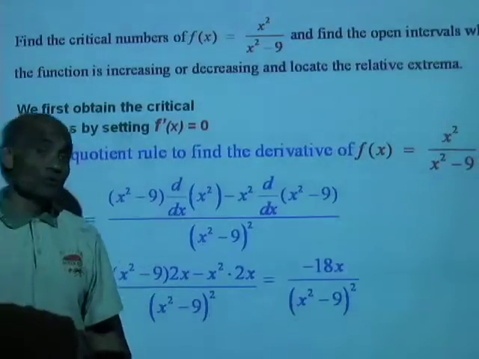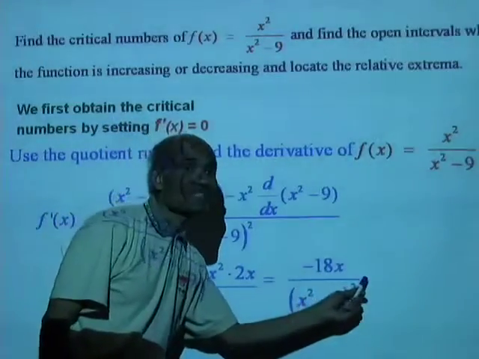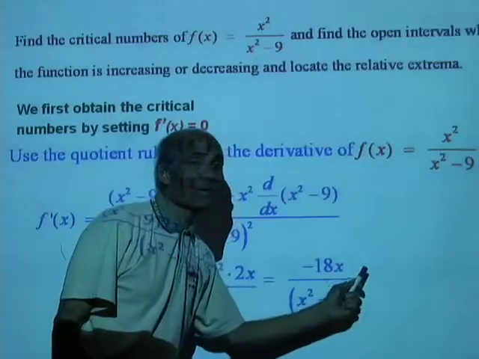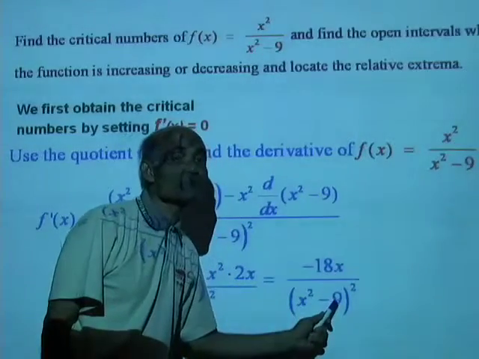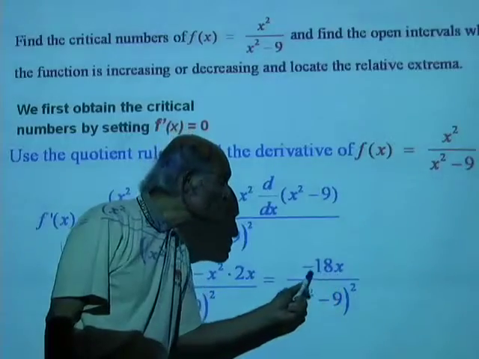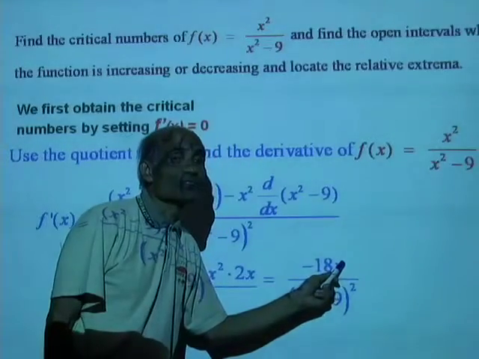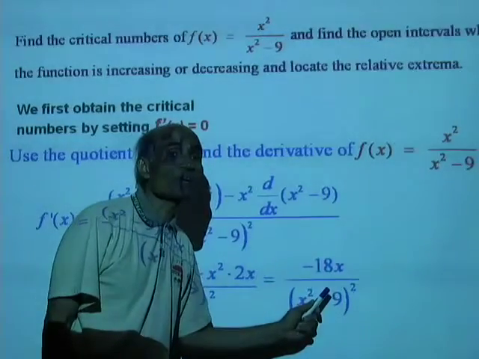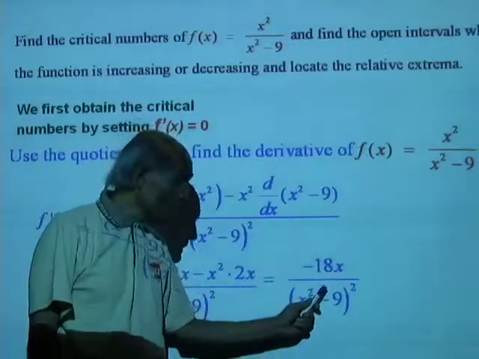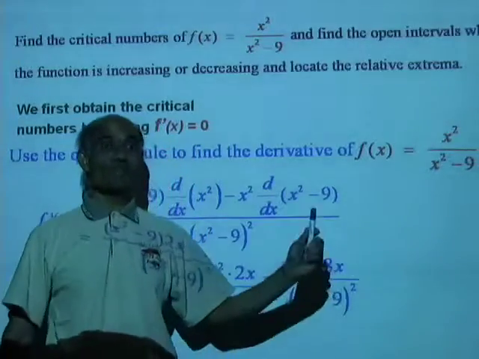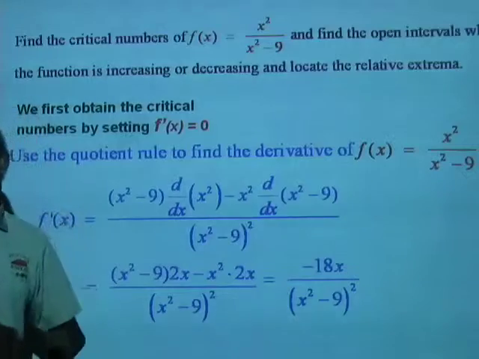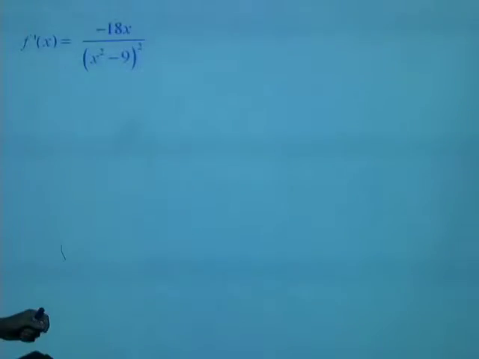Well, first we set this equal to 0. Remember, a rational expression becomes 0 when its numerator is 0, and a rational expression becomes undefined when its denominator is 0. Alright, let's use that.